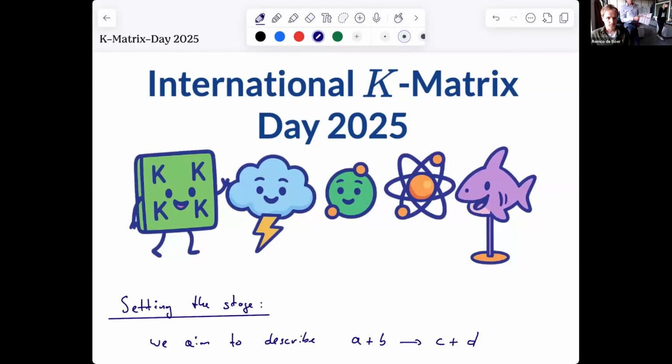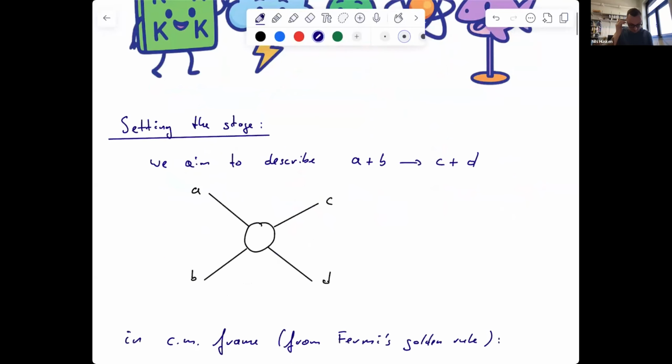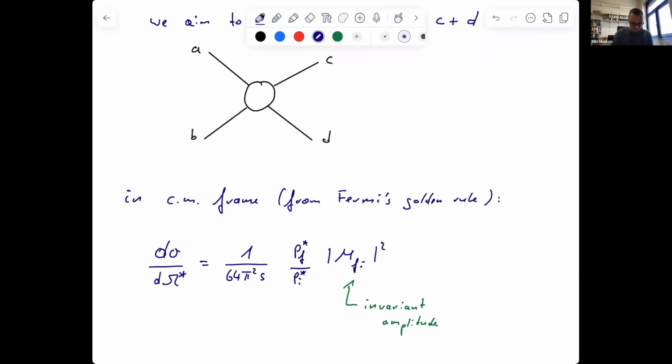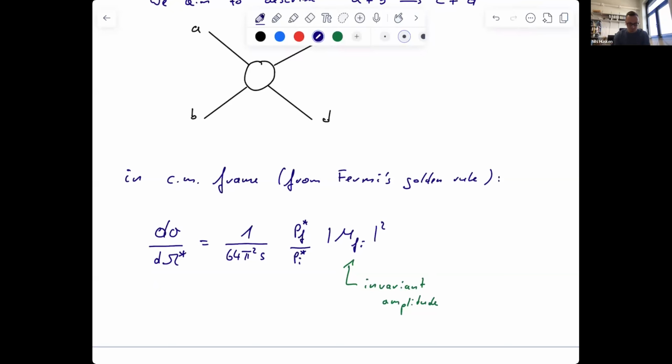Perfect. Okay, so just to set the stage a little bit, I thought it would be good to start here at the beginning. What we aim to describe is the scattering process, A plus B to C plus D. And we know from textbooks, from Fermi's golden rule, that in the center of mass frame, we can do that using this equation here, where the differential cross section is given by some constants, these kinematic prefactors, and then some invariant amplitude squared.